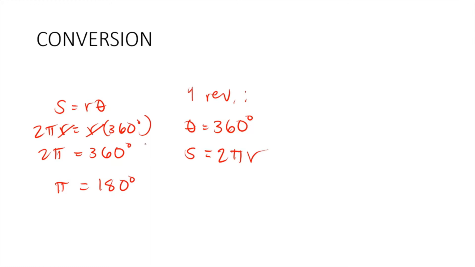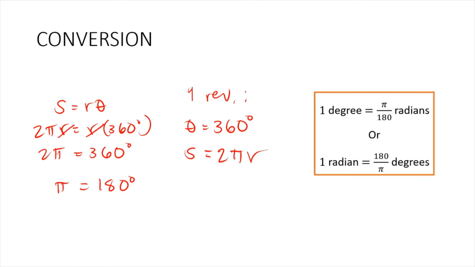From this equation, the conversion factors are: 1 degree is equal to pi over 180 radians, or 1 radian is equal to 180 over pi degrees.